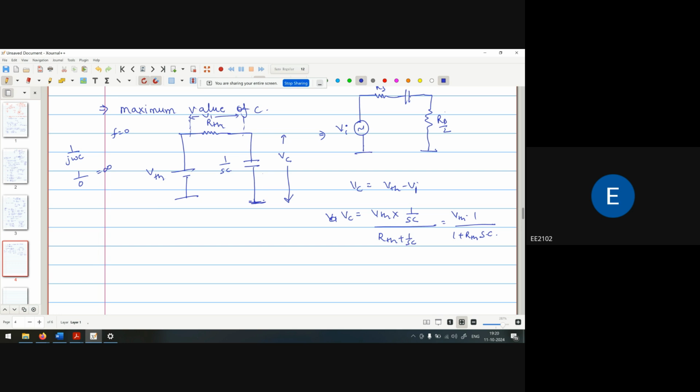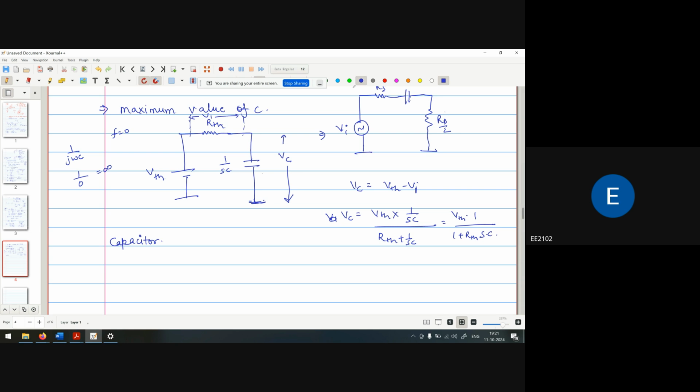Here we are using S as the variable, where S is equal to j omega.